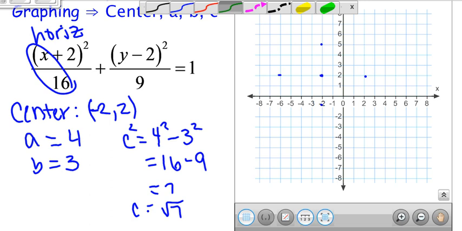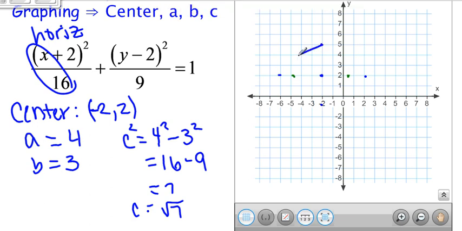So that would put us here and roughly there. And then we would draw our ellipse in. Again, hopefully you're better at drawing than I am. I kind of suck at it.